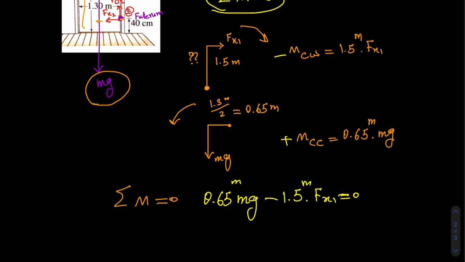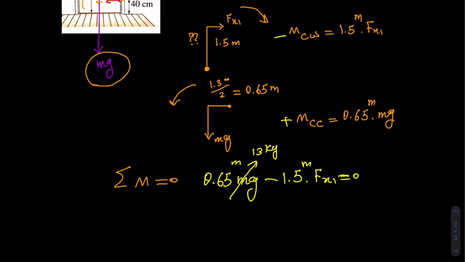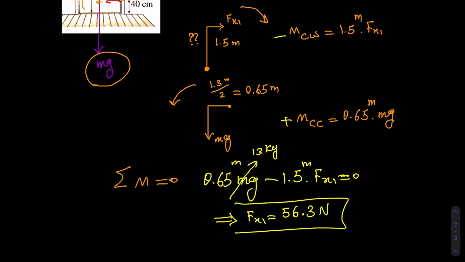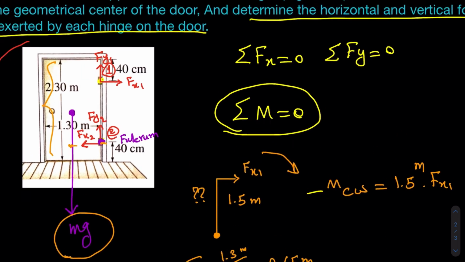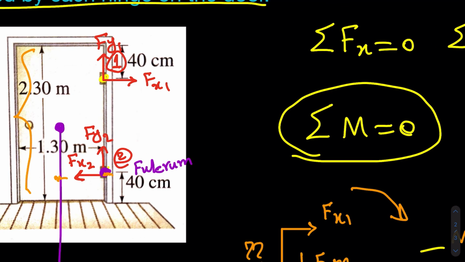Substituting the mass 13 kilograms and g as 10, almost 9.8 or 10, we get fx1 with a magnitude of 56.3 newtons. This is fx1, the horizontal component of the force acting by the hinge on the door.